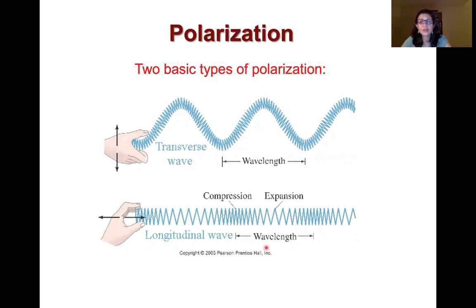Whereas in a longitudinal wave, as shown here, the oscillations or the motion of the individual particles within the medium are in the same direction as the motion of the wave. For example, sound waves are longitudinal, but water waves or waves on a string are transverse.